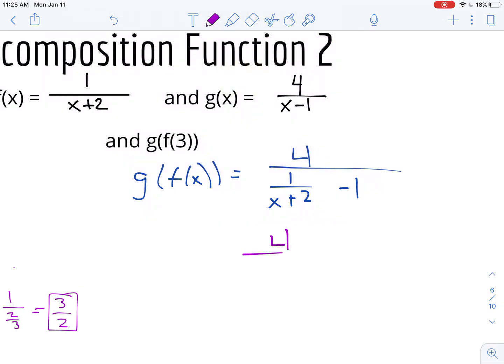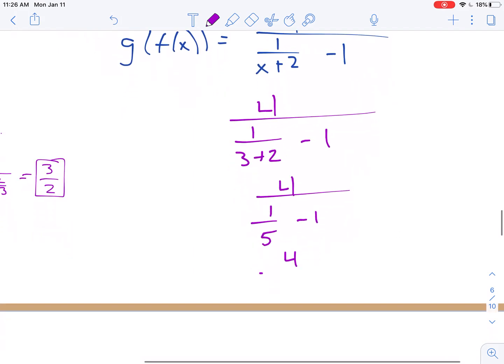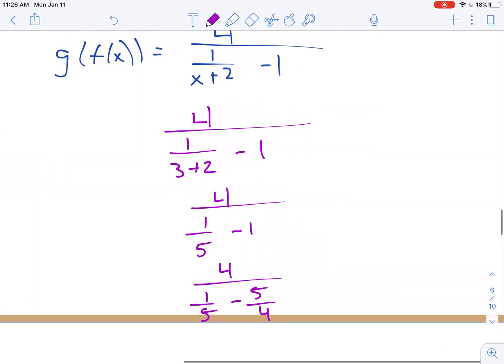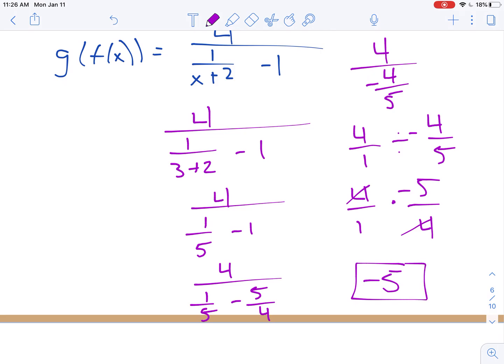So I can say 4 over 1 over 3 plus 2 minus 1, 4 over 1 over 5 minus 1, 4 over 1 over 5 minus 5 over 5. This is 4 over negative 4 over 5. This is 4 over 1 divided by negative 4 over 5. This is 4 over 1 times 5 over 4, and this is all negative. Those cross out, and negative 5 would be my answer here.